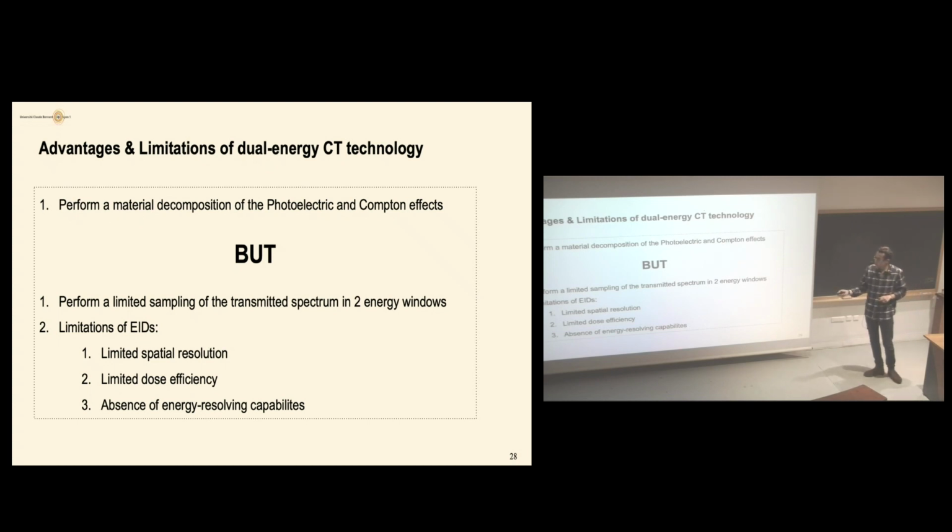Also, for dual energy and for conventional CT, there are limitations of these detectors. They are limited in spatial resolution, around 700 micron, limited by the dose efficiency induced by the indirect conversion, and by the absence of energy resolving capabilities.